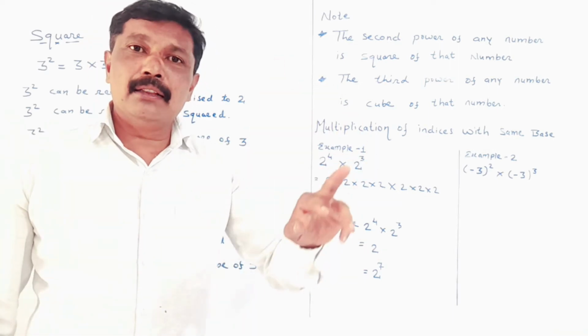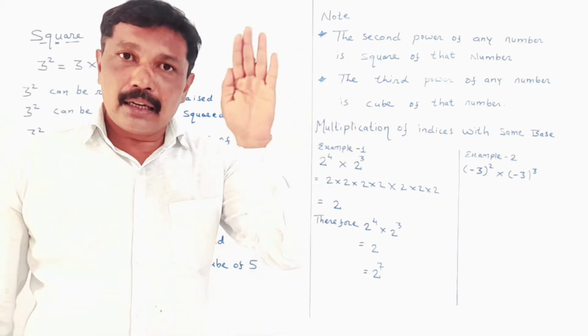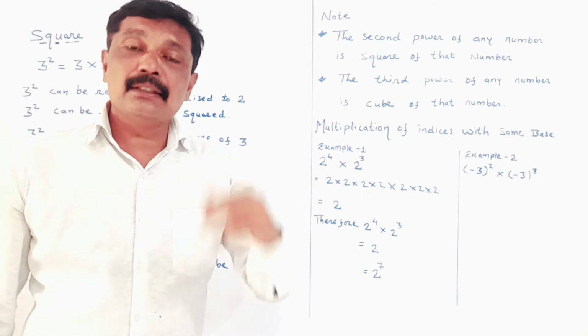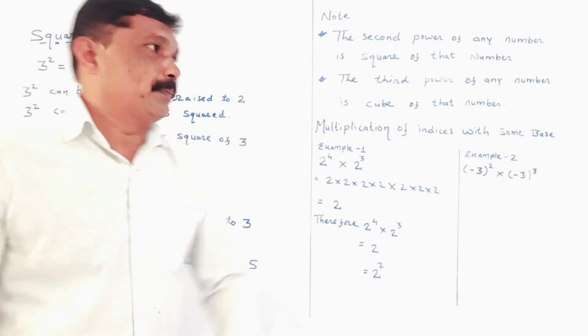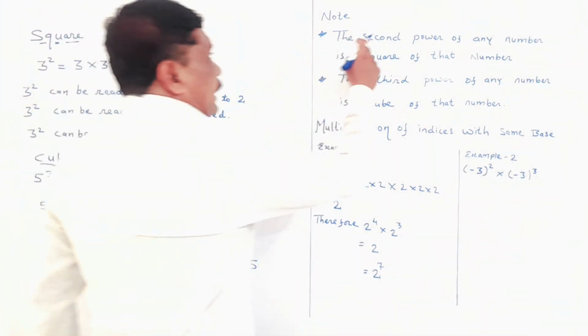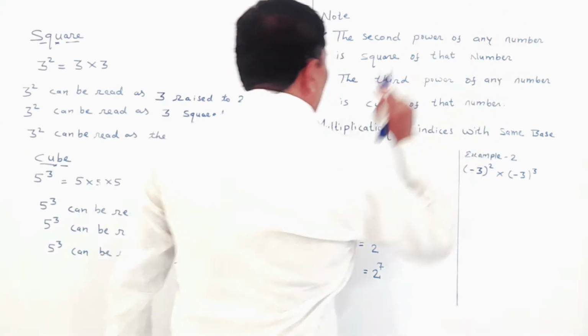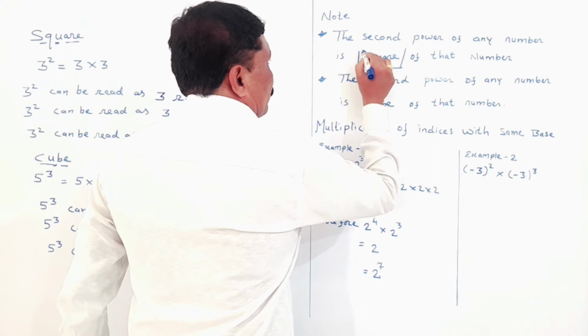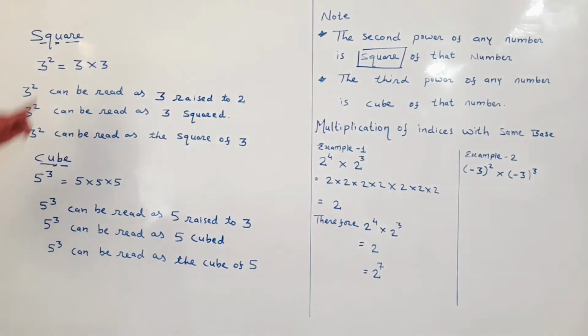The second power of any number is the square of that number. So, the second power of 3 is the square of 3.